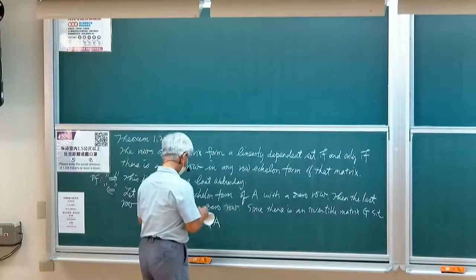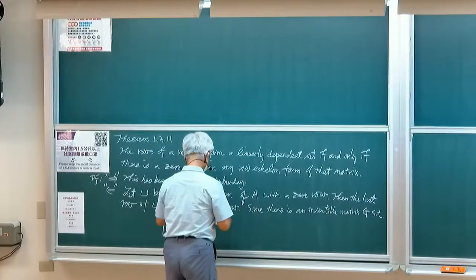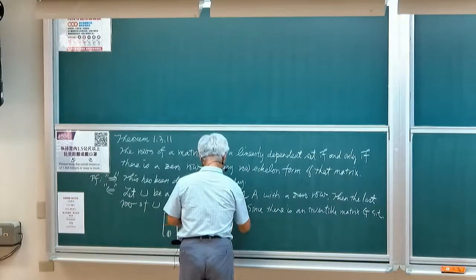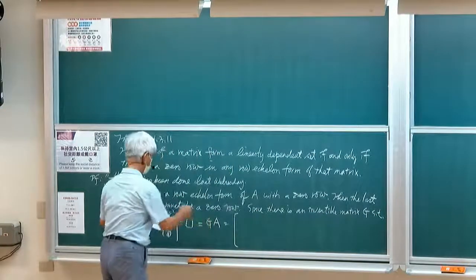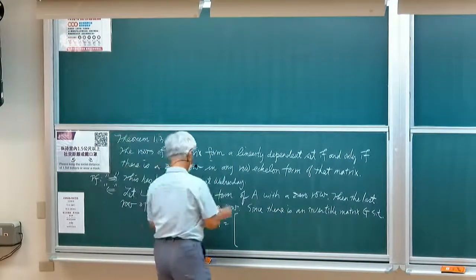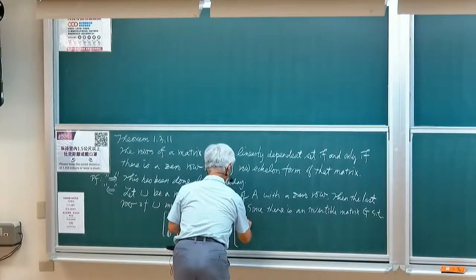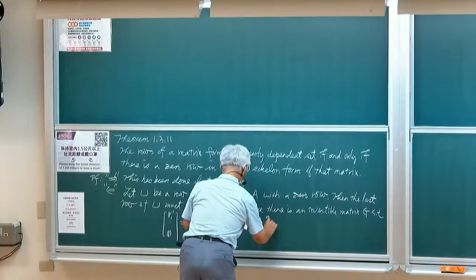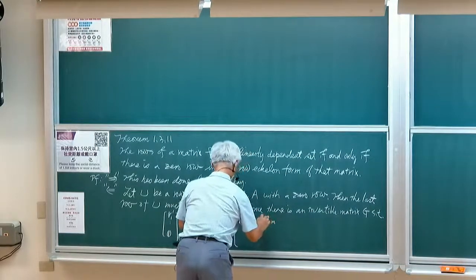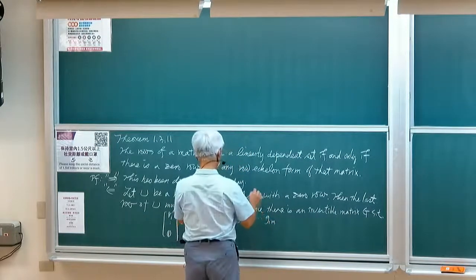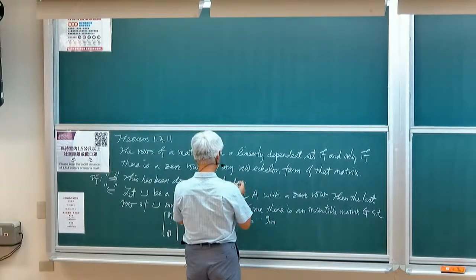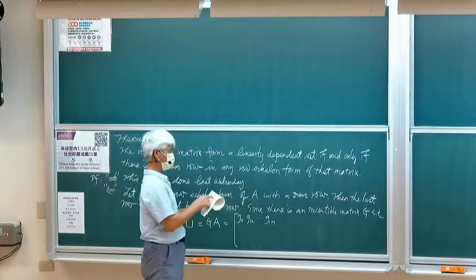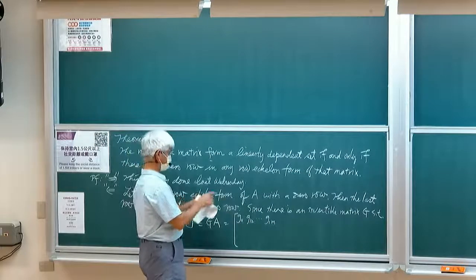So let me write down the entries of the G matrix: G11, G12, up to G1M. I found a typo in my lecture notes.